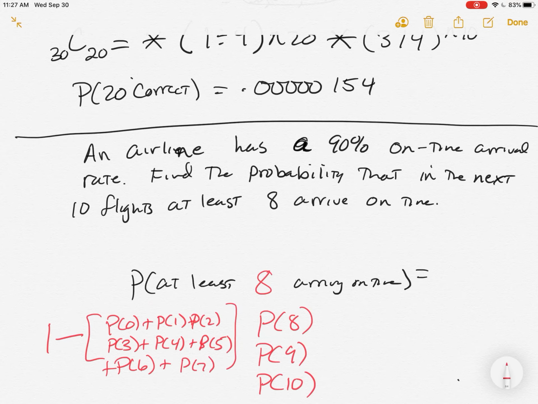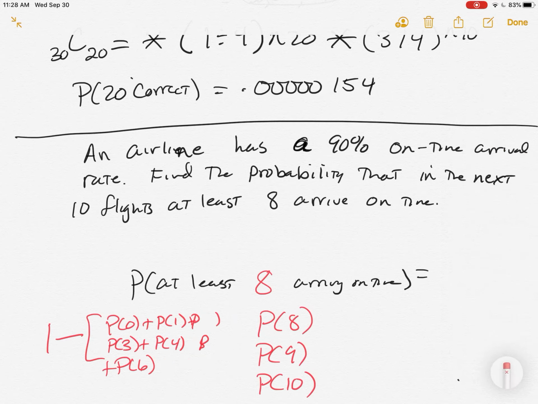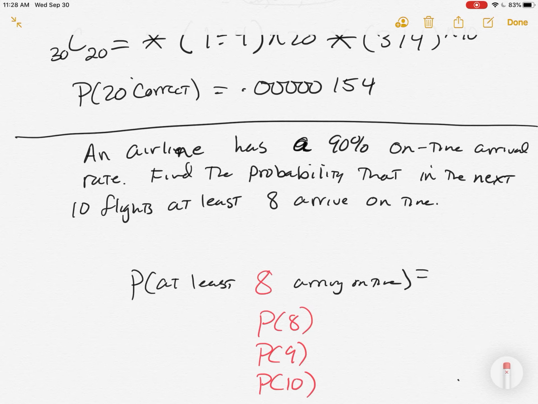Would you like to do 8 calculations, add them up and subtract from 1, or would you like to do 3 calculations and add them up? Of course you'd like to do 3 calculations and add them up. So you're not going to avoid any work. There's no magic button to hit. If you need to find at least, you walk in what I call eyes wide open.